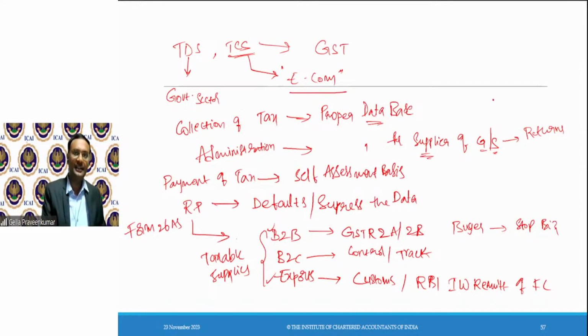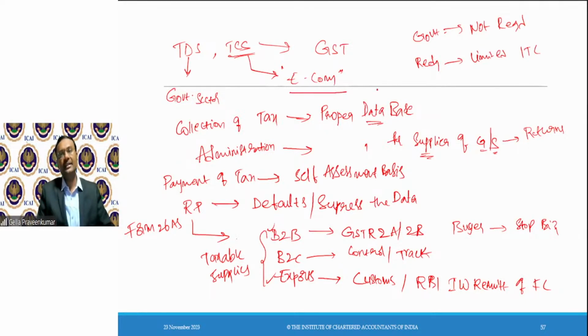In relation to TDS, the government sector may not be registered under GST, or is registered but has limited ITC. Why limited ITC? Probably whatever services the government sector does are either under reverse charge or exempted under GST. So it was a challenge that works or contracts supplied to the government never came into the limelight because of non-payment of GST.